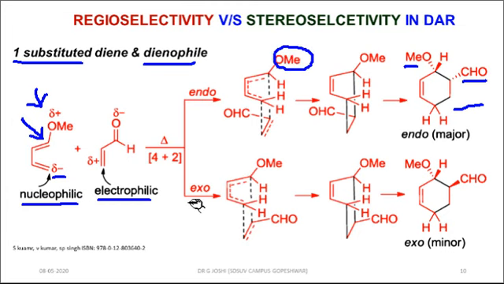Similarly, if we allow this dienophile to approach via the exo manner, then the substituent of the dienophile, being exo in the transition state, will acquire a trans position with respect to this substituent of the diene which was lying towards the outside. It means these two will be trans.